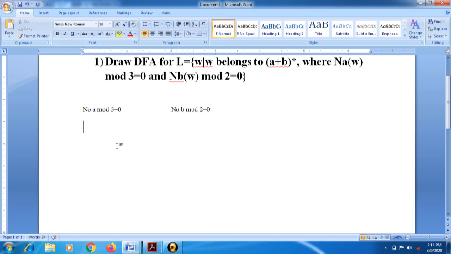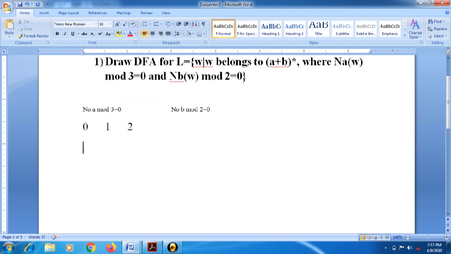So there are three occurrences. The value of mod may be 1, maybe 2, or maybe 0. First we will consider 0, then 1, then 2, because there are possibilities of these three values after calculating A mod 3. That's why we have considered three cases.